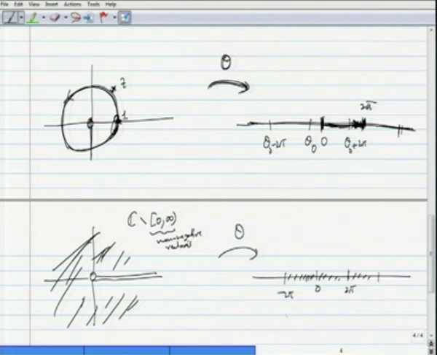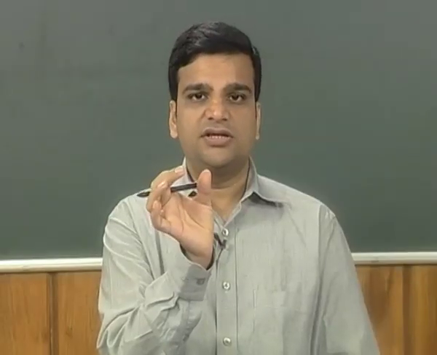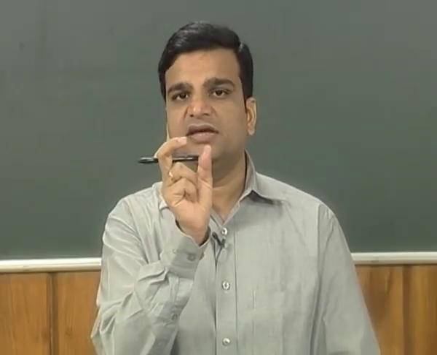So, it maps this whole thing to pieces of intervals like that: minus 2 pi comma 0 union 0 comma 2 pi union 2 pi comma 4 pi, etcetera, in this direction and in this direction as well. So, you have several pieces of open intervals of length 2 pi.